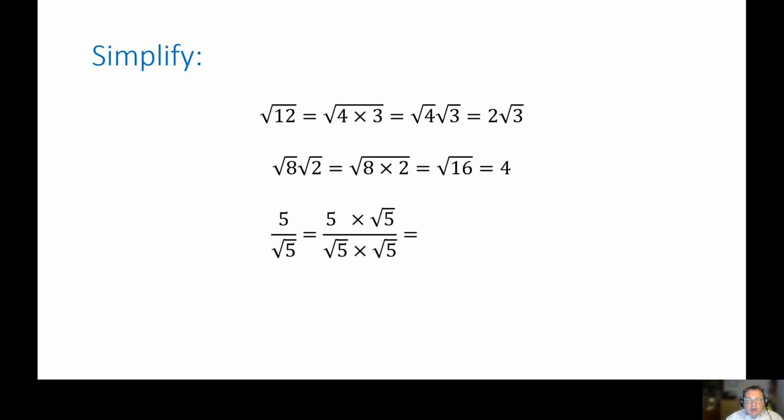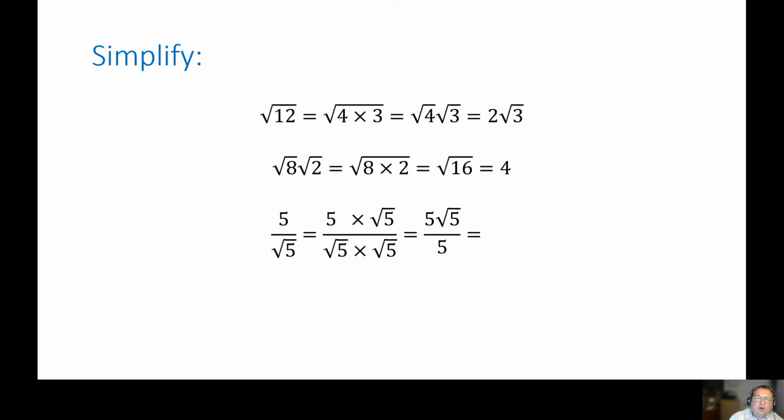But what I will get is that in the numerator I have now 5 square roots of 5, and in the denominator, square root of 5 times square root of 5, which reduces itself.